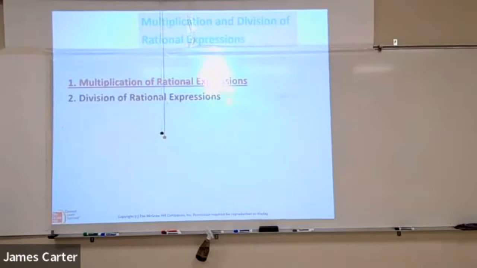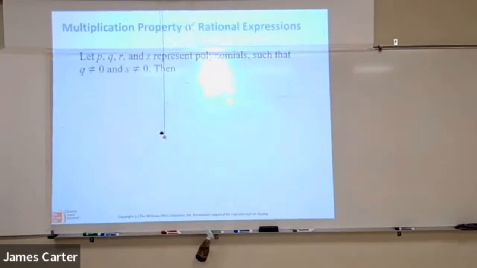Multiplication and division of them. Okay, we've got some disclaimers, telling you some of these can't be 0. Notice the ones they say can't be 0 are the ones that are in the denominator.